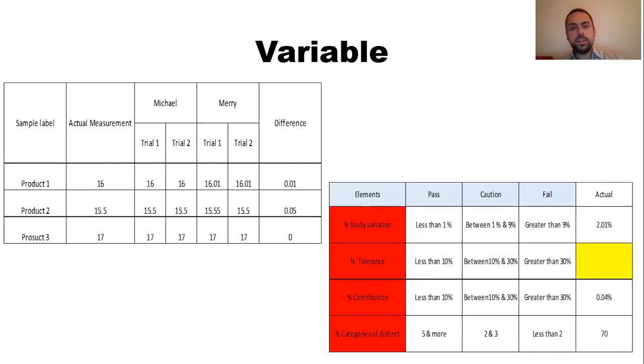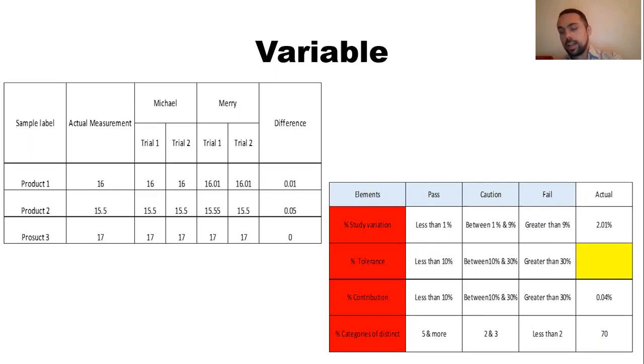And here, as you can see, we have the information received from Michael and Mary. If a difference happened in the measurement, we record it, and we have the actual information inside the chart that we can compare.